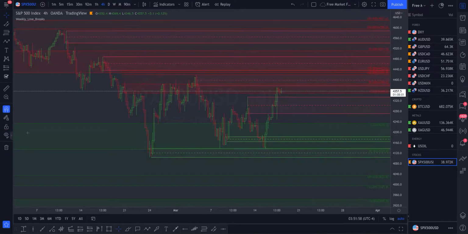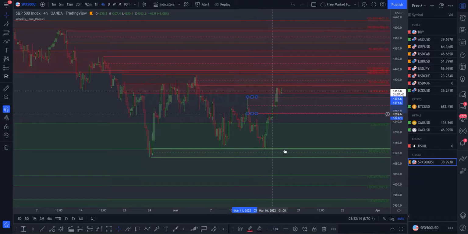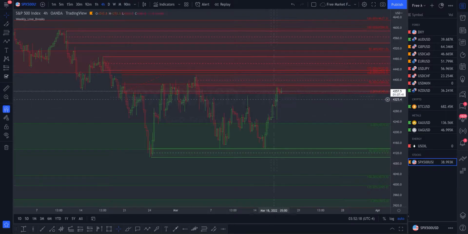All right, so let's see what price has done. Price came in, it's taken out this 4-hour demand, respected the proximal of this 4-hour demand, pushed up through this 4-hour supply, is currently sitting inside of an institutional distribution zone.